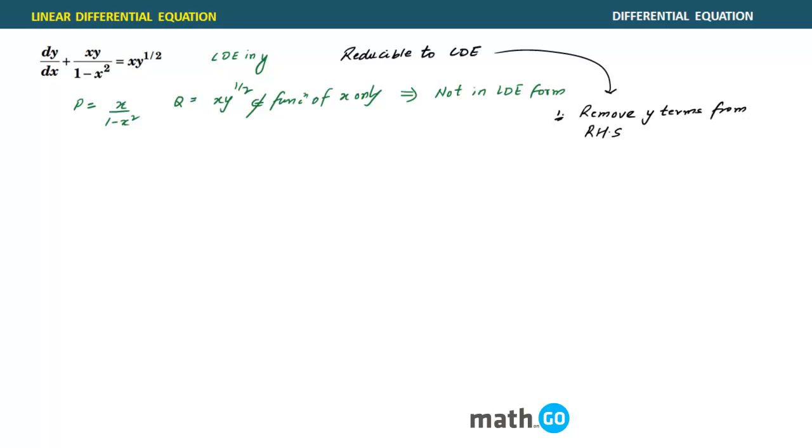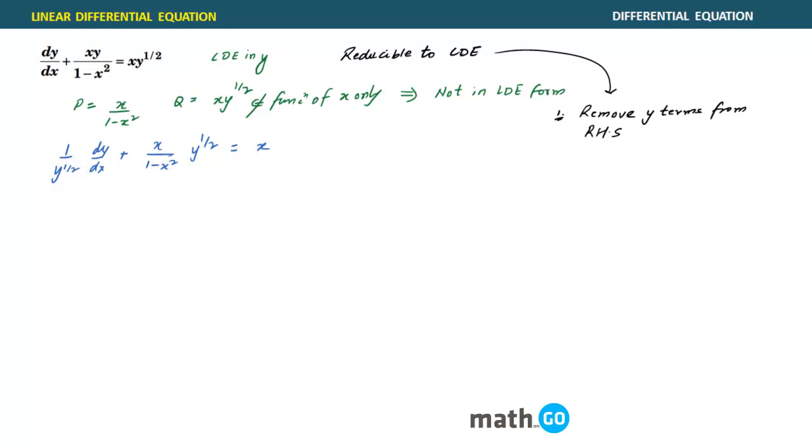So if I apply this step, the RHS has y raised to power 1 by 2, so I'll divide by y raised to power 1 by 2 on both sides. This is what you will obtain, plus x by 1 minus x square times y raised to power 1 by 2, because it's already a y here. And now the RHS becomes free of y.